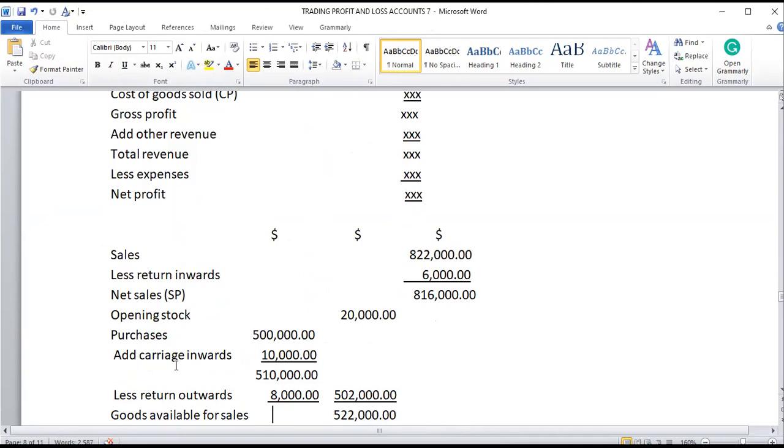You add carriage inwards to it, $10,000. What's the carriage inwards? As I said, carriage inwards is the extra expenditure that the company has to pay before bringing the goods to their warehouse or their premises. You add it to your purchases in order to know your total purchases.